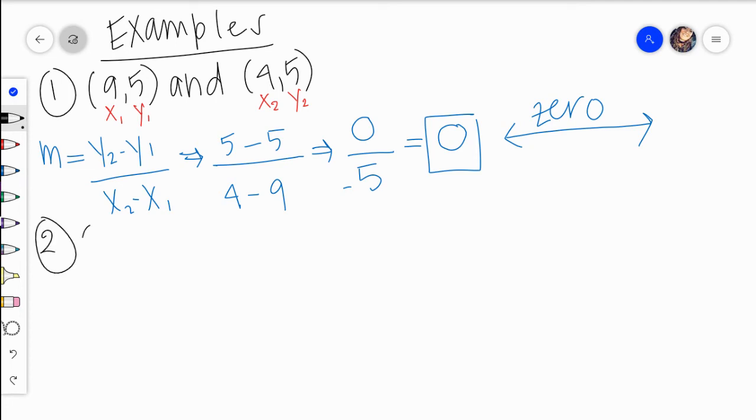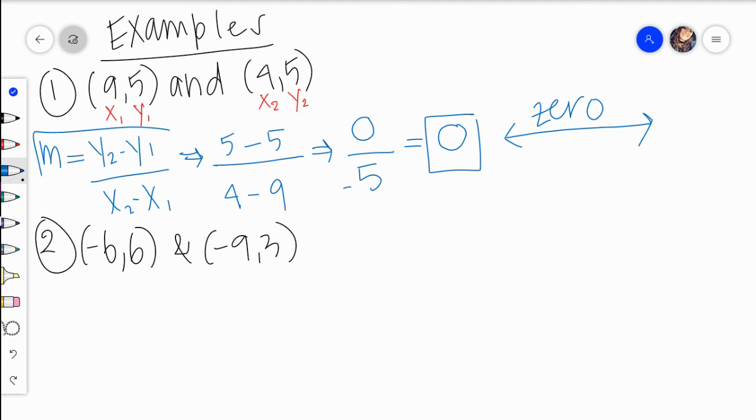Okay, say we have negative 6, 6, and we also have negative 9, 3, and it wants us to find our slope. So I'm going to look right here. I know that I'm going to need my y's and my x's labeled. So x, y, 1, 1, x, y, 2, 2.